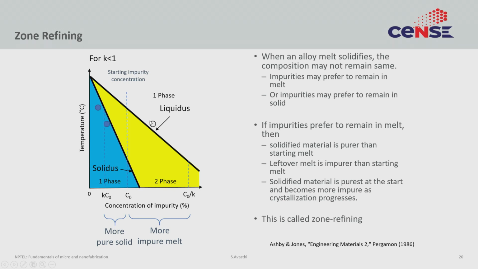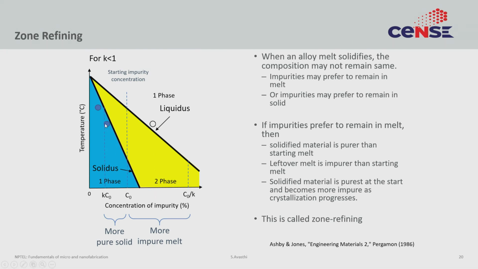Now impurity cannot be created or destroyed. So the average impurity concentration remains the same. So where do the impurities go? Impurities go into the liquid phase. So you see, the liquid that you have formed actually has higher impurity concentration than the solid that you formed.